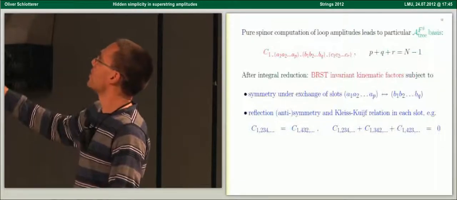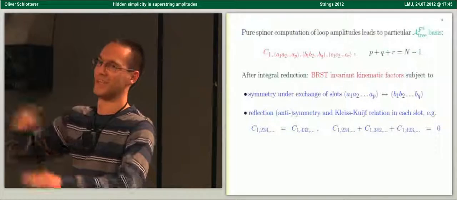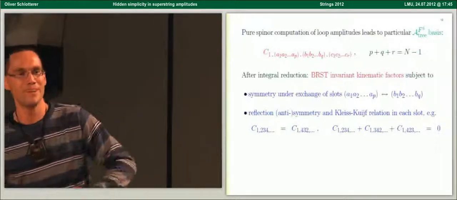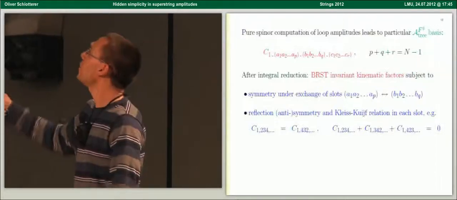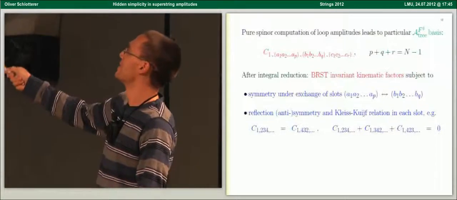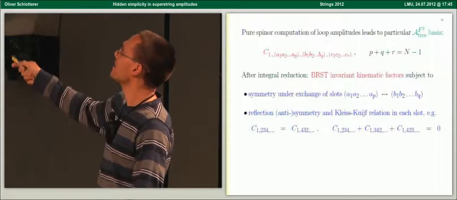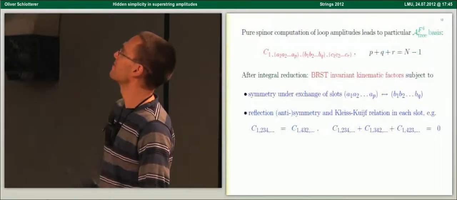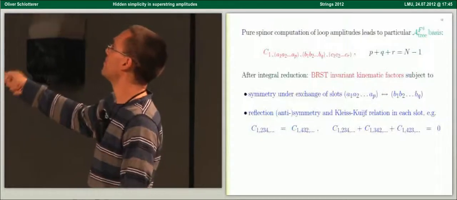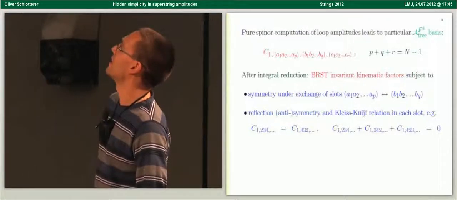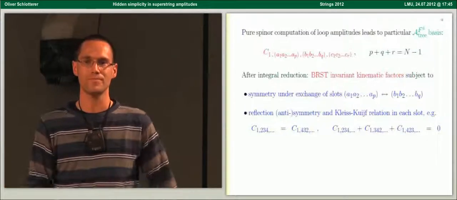I have to say that leg number 1 is always discriminated in the rest of my talk. Leg number 1 is inserted through an unintegrated vertex operator, whereas all the other legs come from an integrated vertex operator, and the other legs have to be inserted into 3 slots. So my kinematic ingredients have 3 slots, labeled by A, B, and C, and they are symmetric under exchange of any 2 slots.